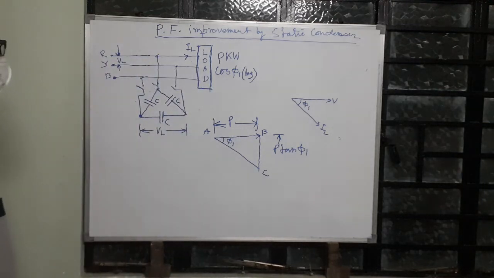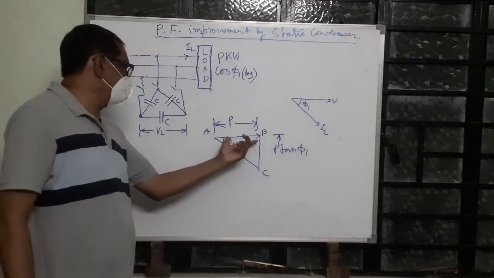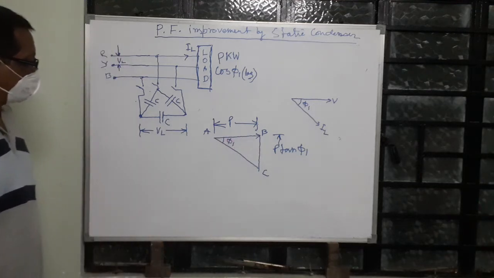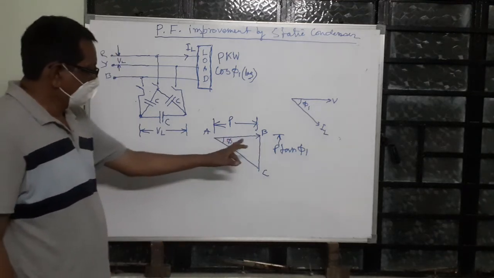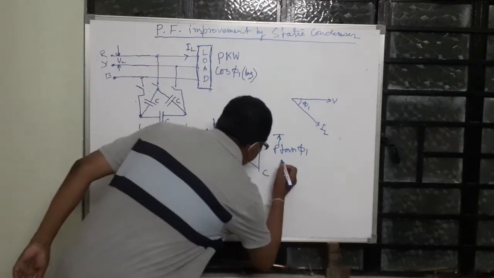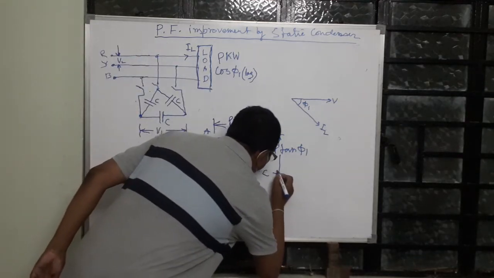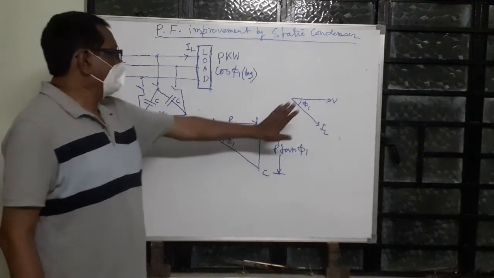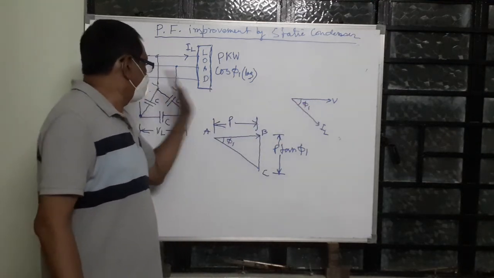The power factor is lagging at an angle of phi 1, so the active power is P, shown by AB, and the reactive power is shown by BC, which is P tan phi 1.